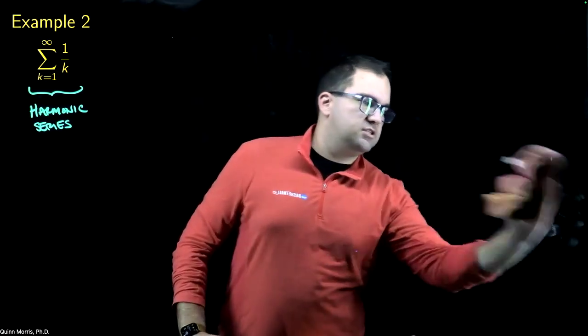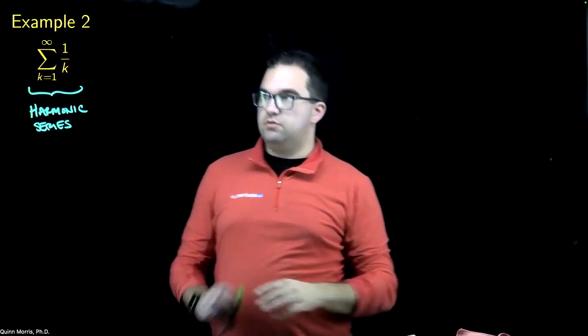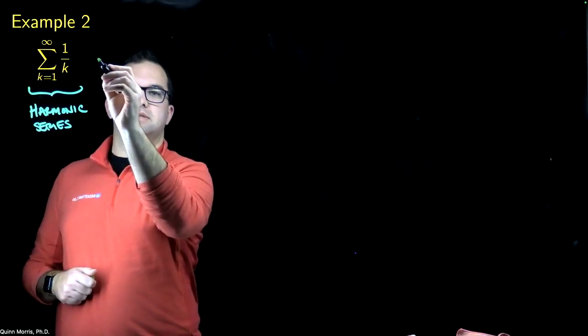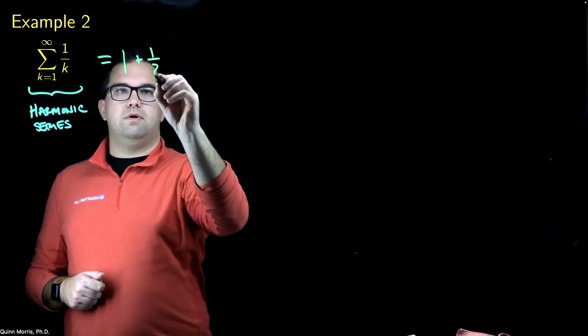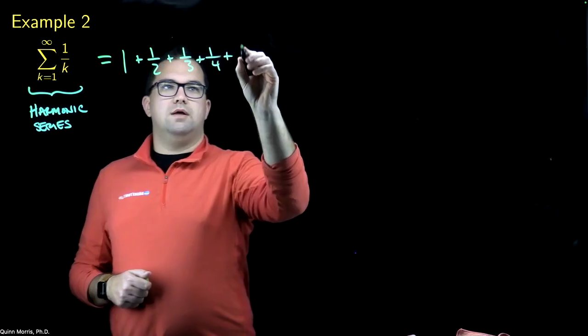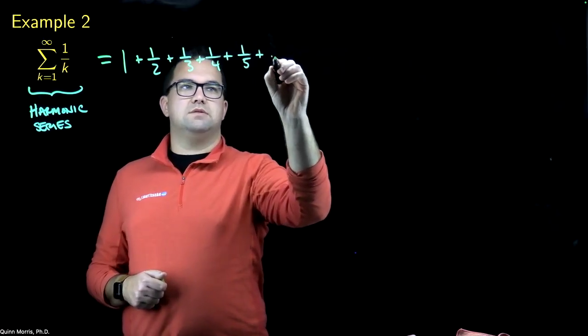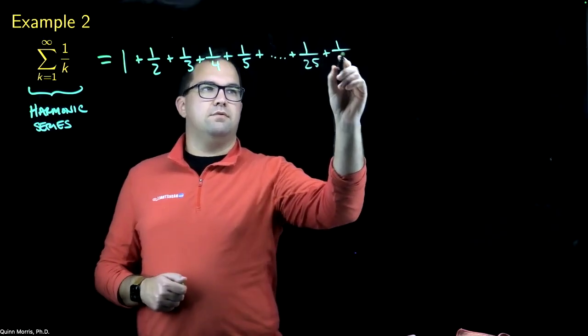So if I just think about writing out terms here, and I think of this as a sum, I think about this as 1 plus 1/2 plus 1/3 plus 1/4 plus 1/5 plus, I'm going to use some judicious dots here.